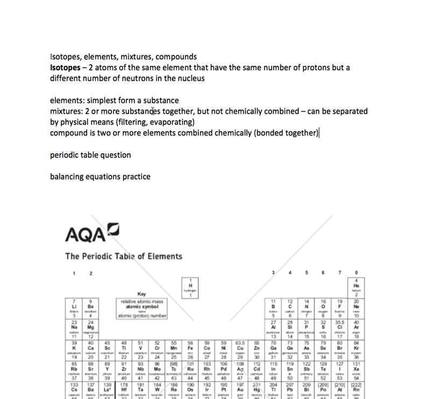A compound, like carbon dioxide, magnesium oxide, sodium carbonate, these are chemically combined together. You can't filter them or evaporate them to separate the sodium and the carbon and the oxygen from sodium carbonate. So there you have elements, mixtures, compounds.